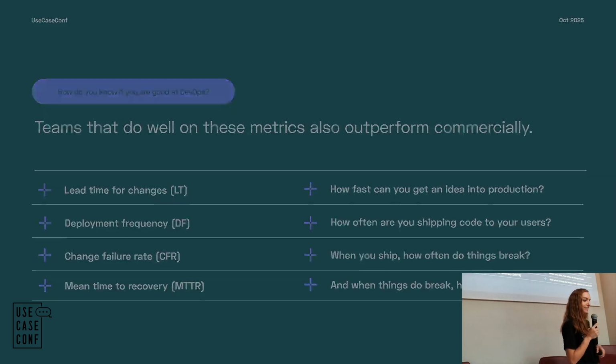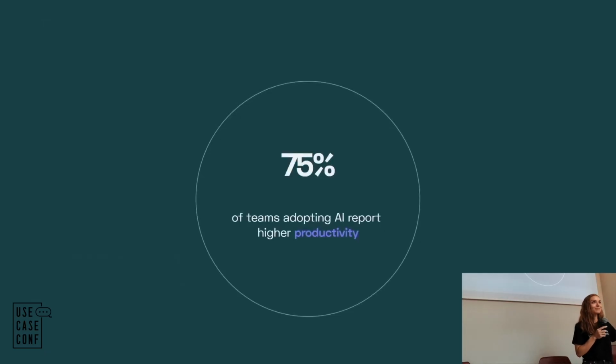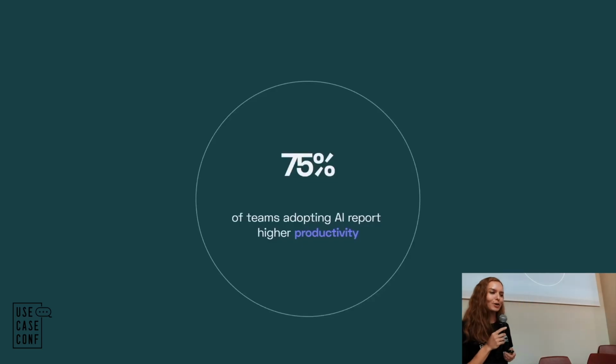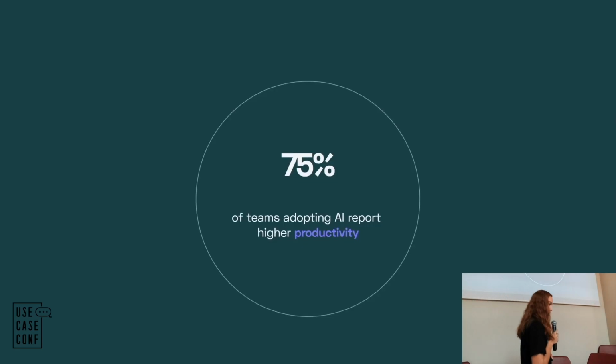But now that AI is entering the mix, it's all the hype now, and there's been a lot of talk about AI today, although I didn't understand all of your talks. It seems like it was pretty important. So the latest report from DORA tells us that 75% of teams who adopt AI see a huge improvement in their productivity.